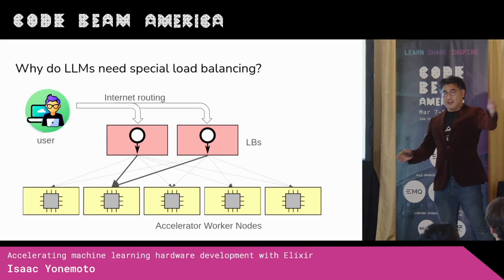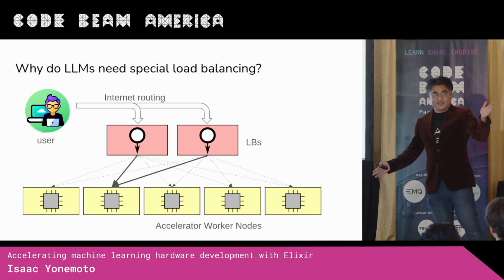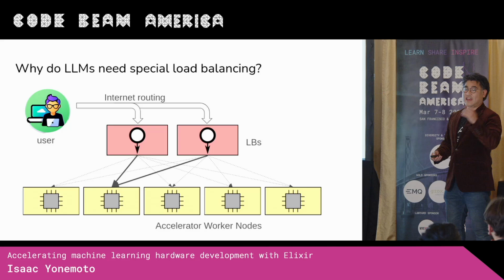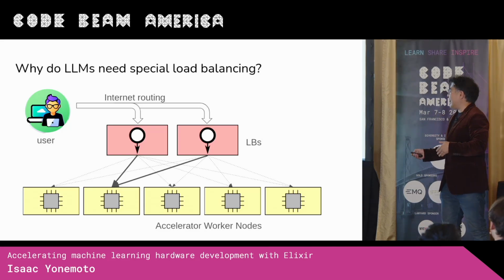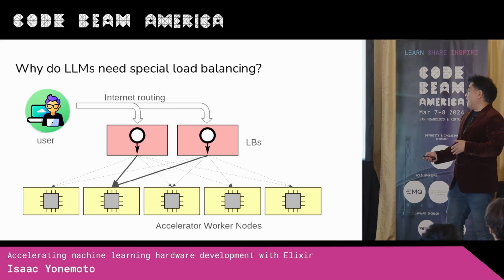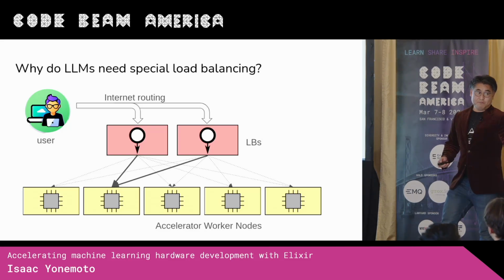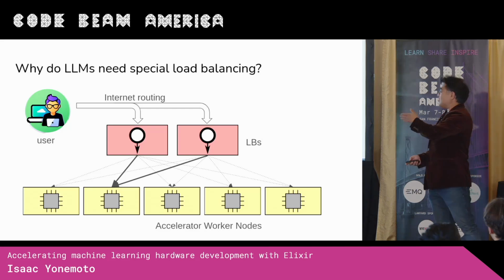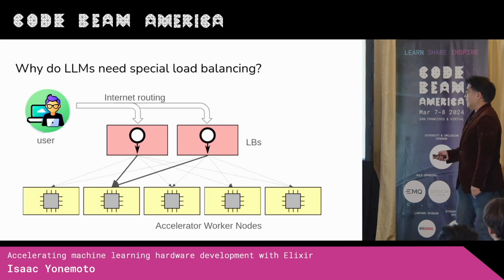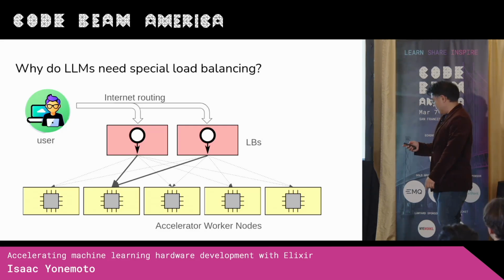Because all of that context in that chat log that I showed you before is going to have to be recomputed if you land on a different node. If you land on the same node, it can be stored in the GPUs or hardware, and then you have no problem, because you can skip a whole bunch of compute and go straight to the new stuff and compute over the new stuff directly, right? So hopefully that made sense.